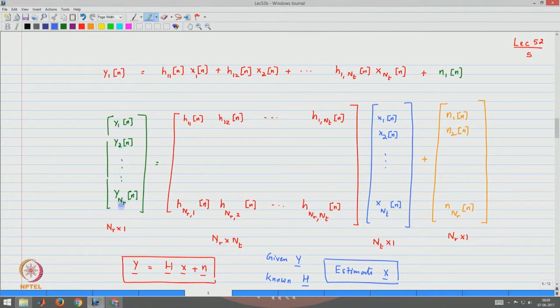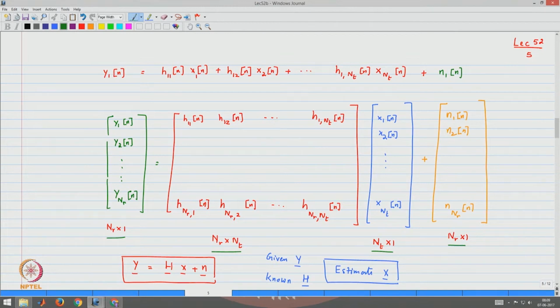We have an NR cross 1 receive vector, an NT cross 1 transmit vector, and a transfer function matrix of dimension NR cross NT. Again, please make note of the dimensions, and the dimensions of the noise vector. Since this corresponds to the receive antennas and there are NR of them, this would also be an NR cross 1 vector.